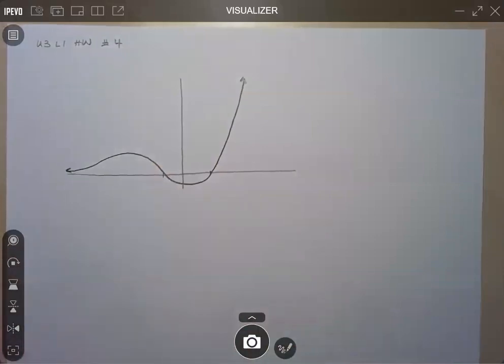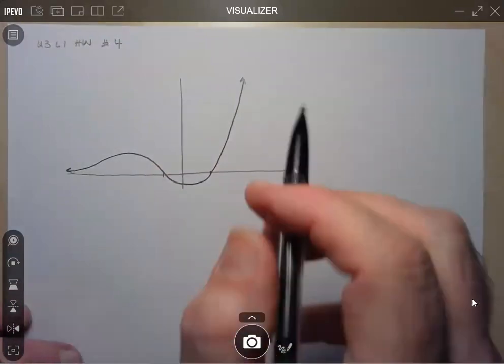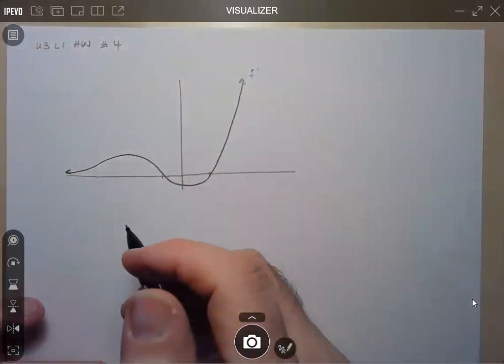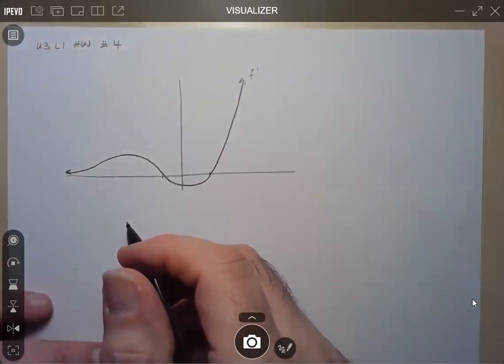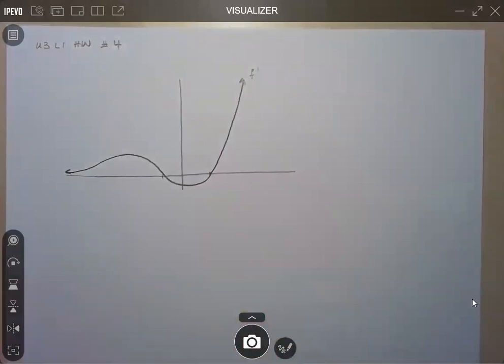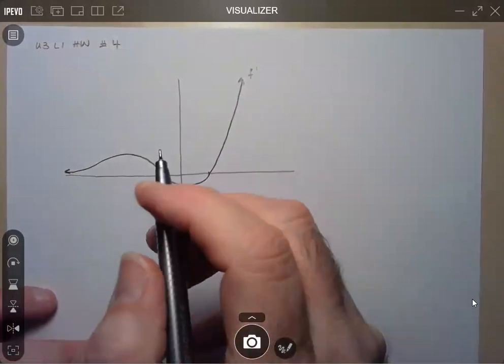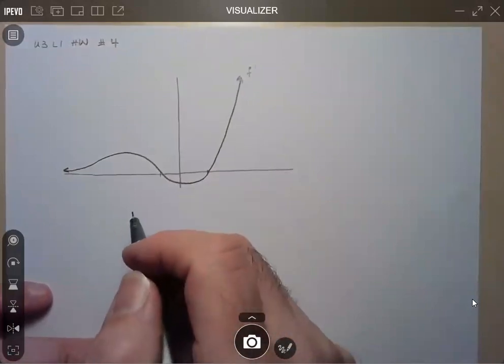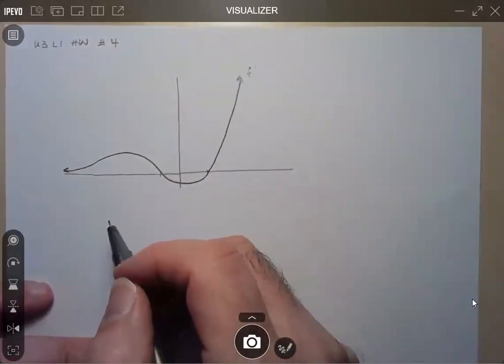And so the first thing I want to do, since I'm going from the derivative and I want to draw the original function, I'll just draw one version, and the other one, of course, we know would just be some sort of vertical shift. But I'm going to focus on where the derivative is equal to 0, because I suspect that where the derivative is equal to 0, I'm going to have possibly a local extrema.